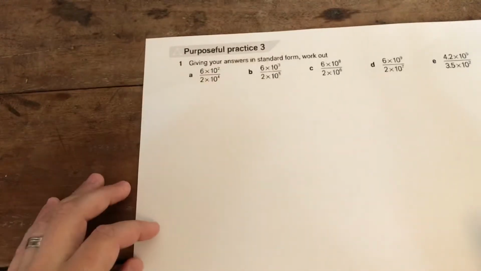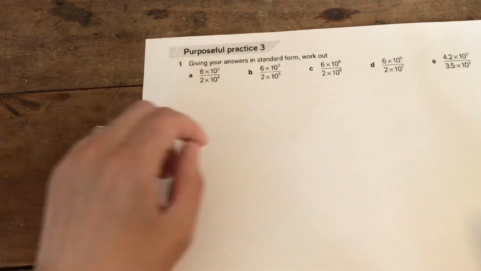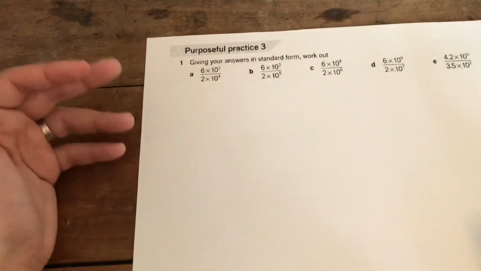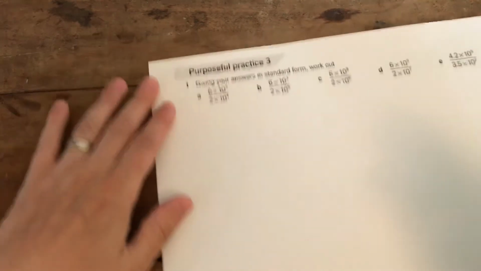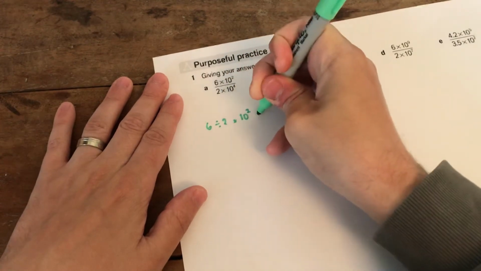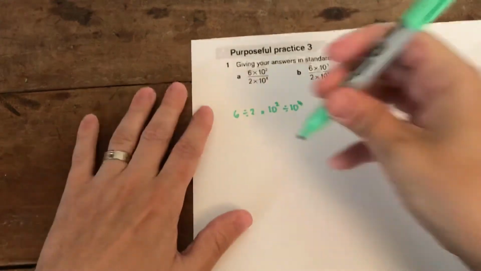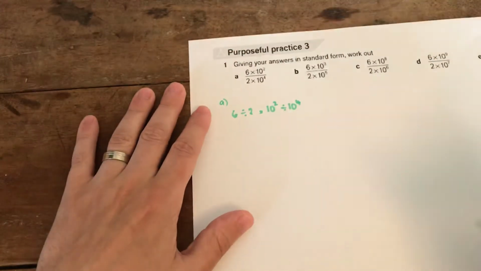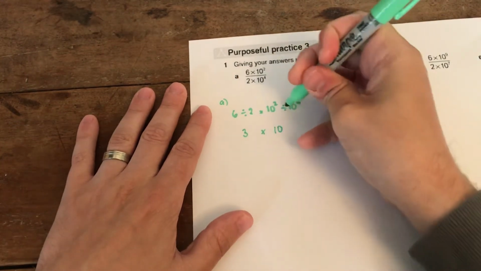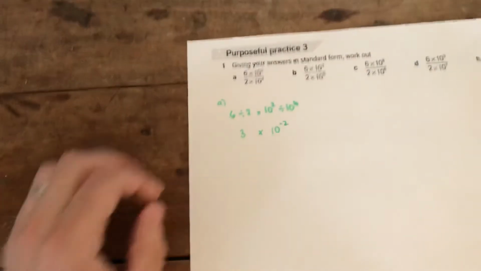Again, you can see your division written in this form, which is a fraction because it means the top line divided by the bottom line. In some ways that's easier because you're going to do 6 divided by 2 times 10 to the power of 2 divided by 10 to the power of 4. So 6 divided by 2, if we're doing A, is just 3 times 10 to the power, and 2 take away 4 gives us minus 2.